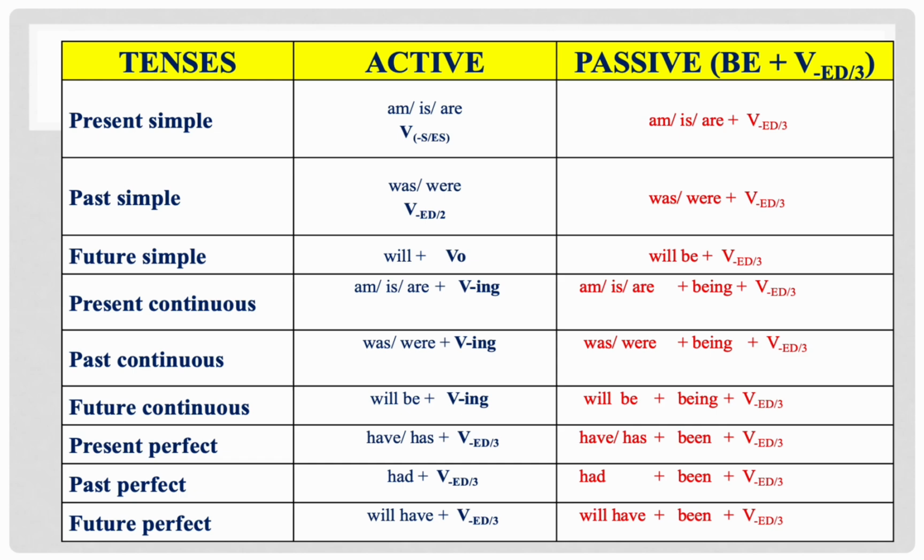Here is the summary table of the basic tenses in the passive voice. It shows you how be changes in each tense, while the main verb always stays in the past participle form. By looking at this table, you can quickly see the correct passive structure for every tense. This will help you transform active sentences into passive ones more easily.